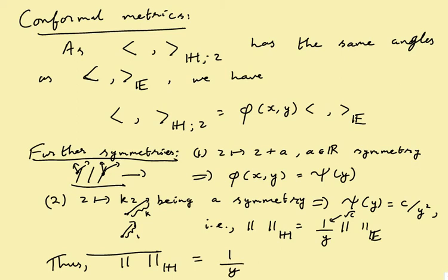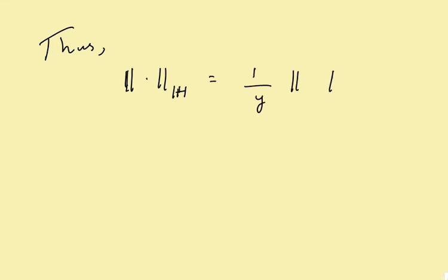Okay, I think this deserves a new page. So thus hyperbolic norm is 1 over y times Euclidean norm.